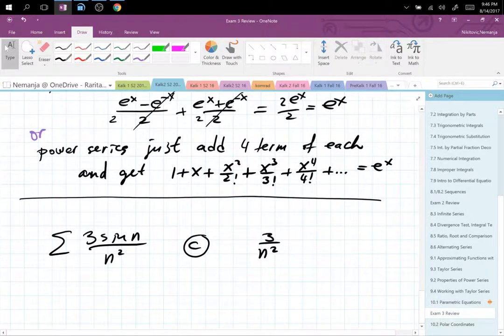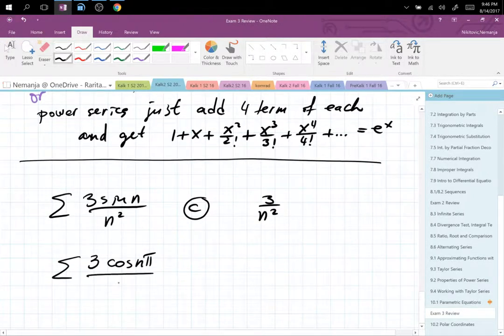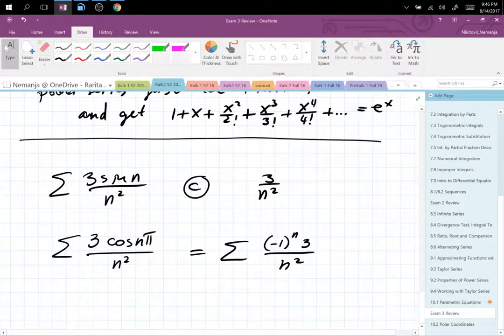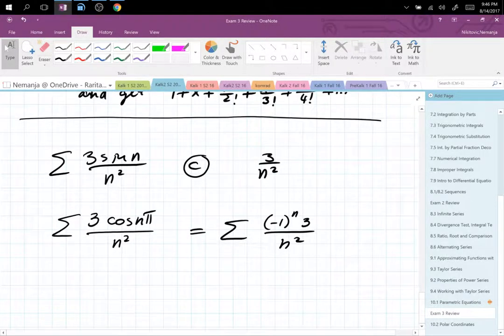But if you have a same problem that says 3 cosine n pi over n squared, then that's equivalent to the series of negative 1 to the n times 3 over n squared, and then it's an alternating series. So we said that we are not going to ignore cosine of n pi, and we are not going to ignore sine of n pi over 2.